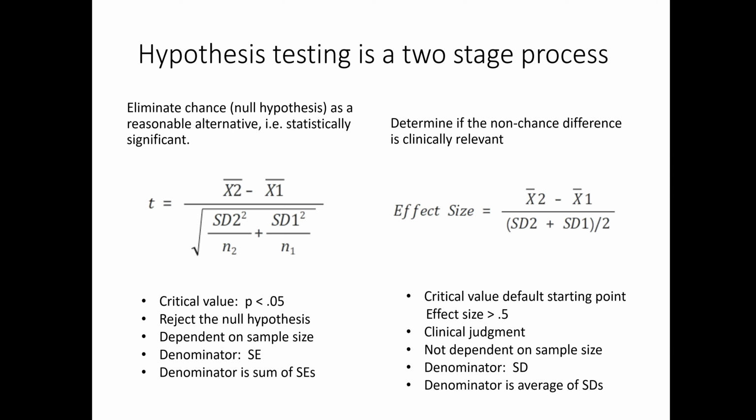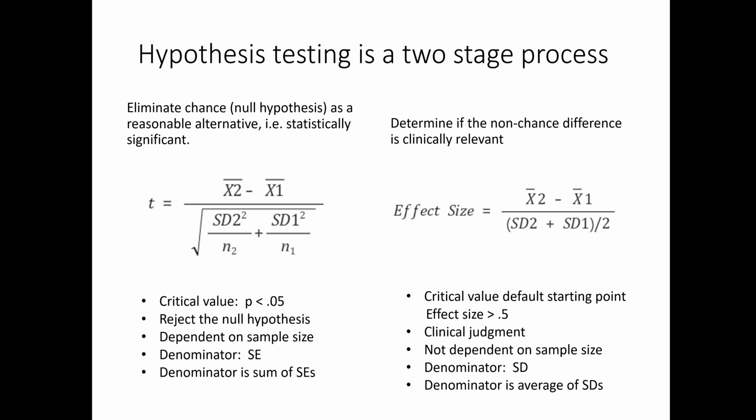Now, when we talk about a significance test, we look for the critical value, and that's a t-value that the probability of finding that t or some value greater than that is less than 0.05. We'll see an example of this in a second. The critical value, or the default starting point for effect size, is that it has to be greater than 0.5.